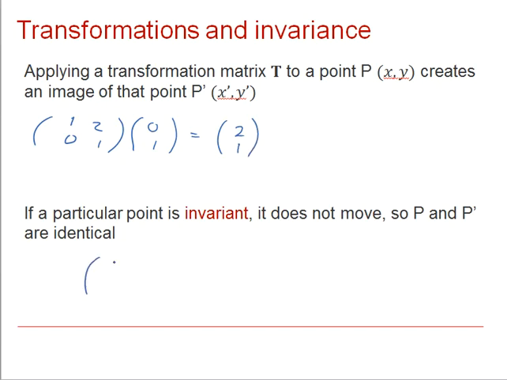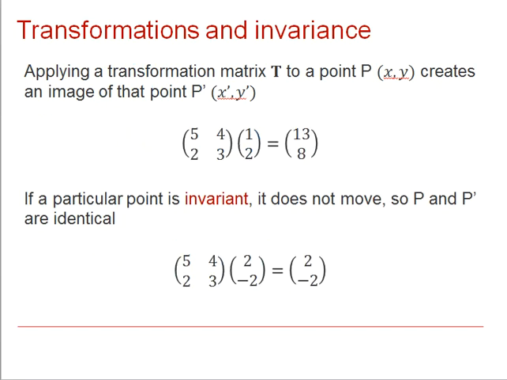However, if we looked at the effect of the shear on 1, 0, we found that it remained the same or was invariant. So therefore, the initial point and its image were identical.